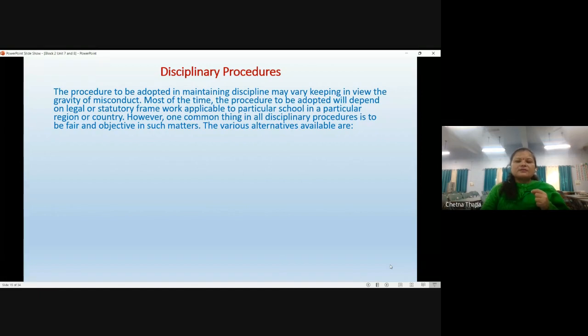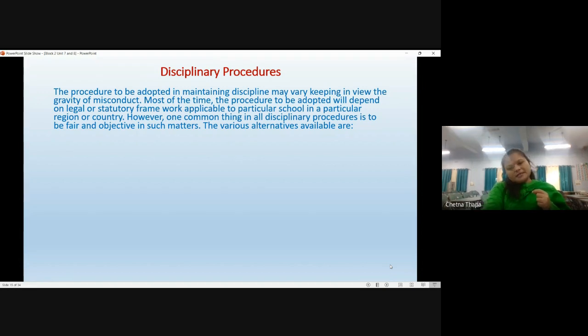Most of the time, the procedure to be adopted will depend on the legal and statutory framework applicable to the particular school in a particular region or country, and each country will have a different legal framework for disciplinary action or misconduct. However, one common thing is always there, that these disciplinary procedures should be fair and objective.